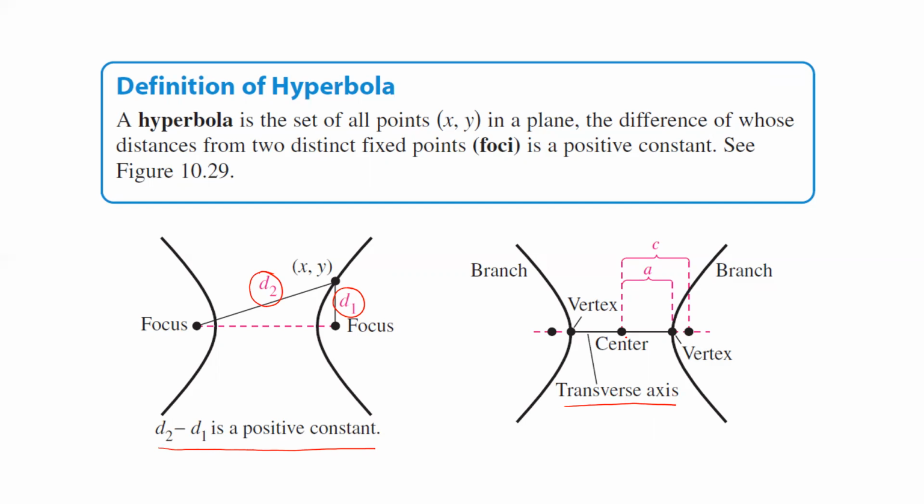We do have a center that we're going to graph just for the sake of graphing it. So then the A value is the distance from the center to the vertex. The C value is the distance from the center to the foci.